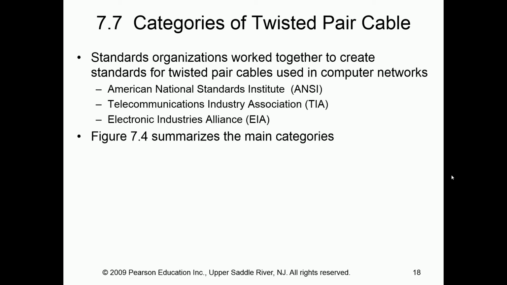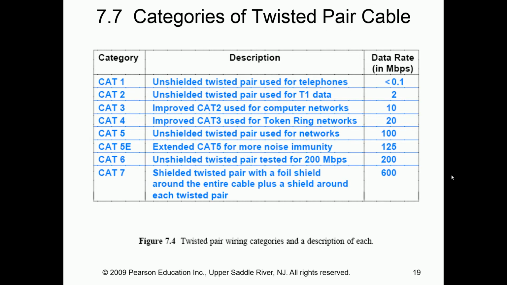So are there different types of standards for our category cable? Here's a common 7, well 8 technically. Don't pay too much attention to the data rates because these data rates are way off. Cat5e should be able to handle 1000 megabits per second versus Cat6, that's 10,000 megabits per second.